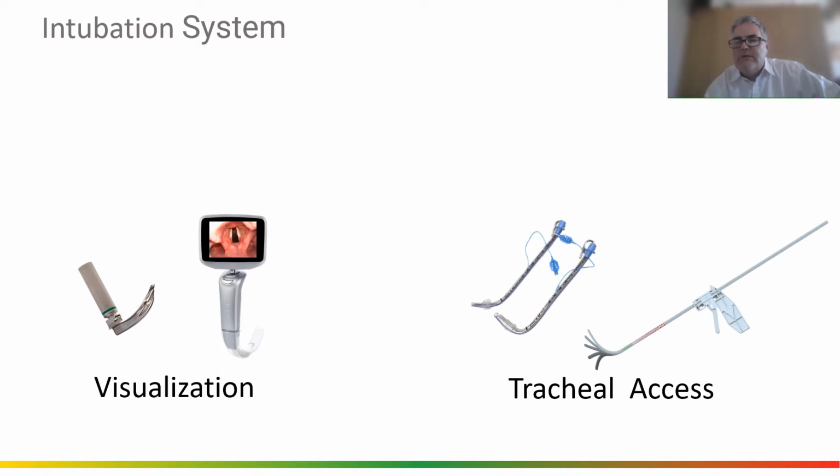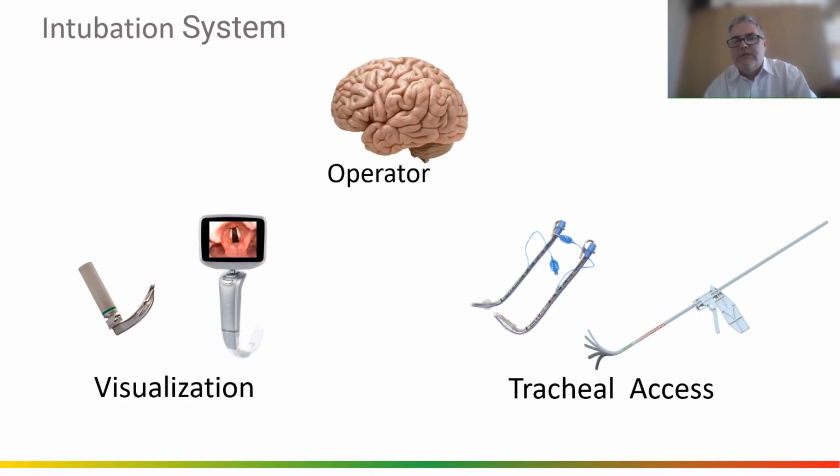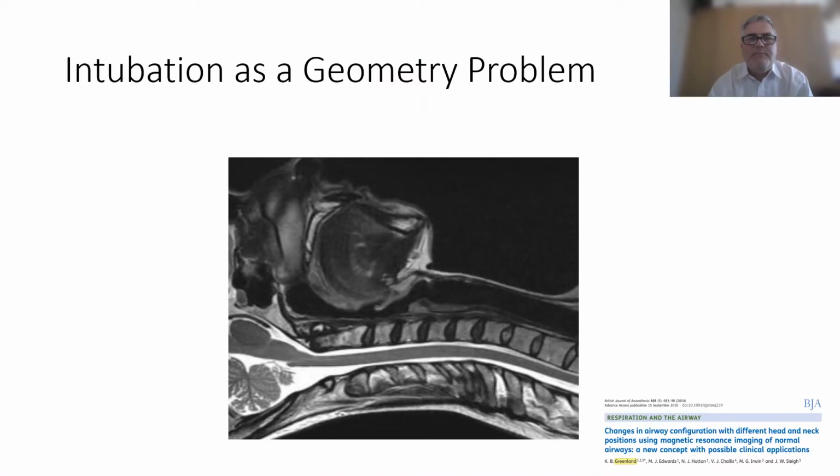Now, more recently, dynamic introducers have been introduced, including my TCI dynamic introducer, that allows you to change shape or steer through the airway. And then there's the operator. We can have a single operator system or a double operator system. We're going to come back to this system model a few times in this talk.